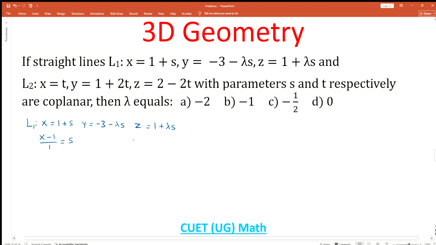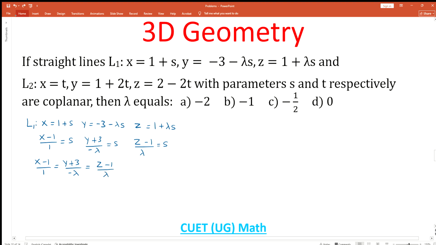From the y equation, I get (y plus 3) over negative lambda equals s. And from the z equation, I get (z minus 1) over lambda equals s. So the equation of line L1 in Cartesian form or symmetric form is (x minus 1) over 1 equals (y plus 3) over negative lambda equals (z minus 1) over lambda.